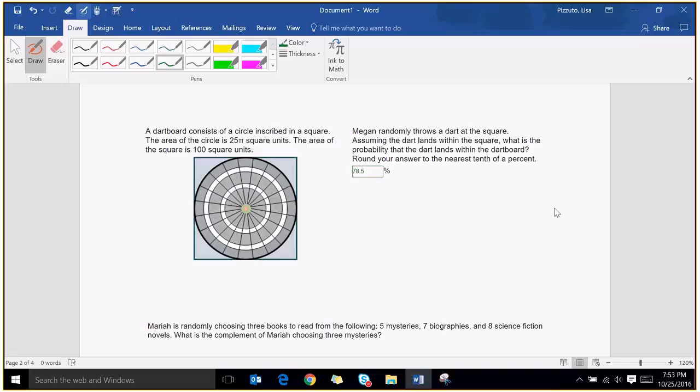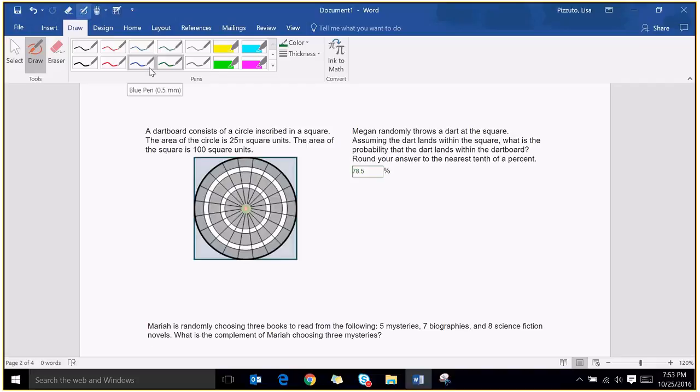So what that means is the dartboard area, 25 times pi, 25 pi, divided by 100. So the area of the square. Okay, that makes sense.